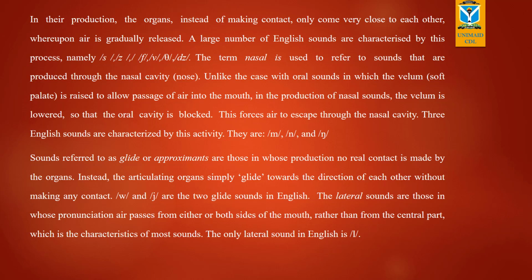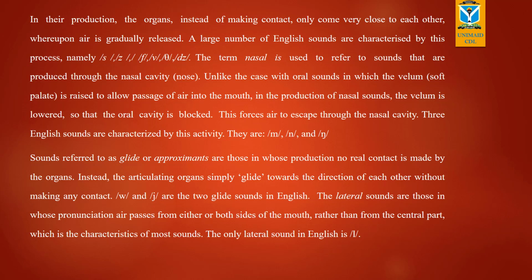Sounds referred to as glides or approximants are those in whose production no real contact is made by the organs. Instead, the articulating organs simply glide towards the direction of each other without making any firm contact. Then you have two sounds.